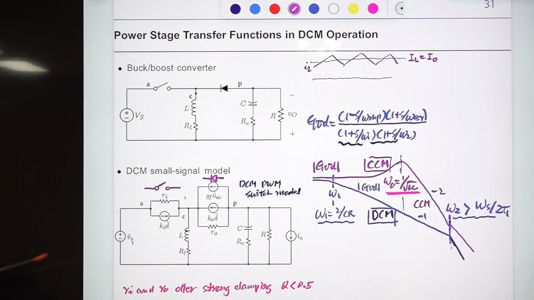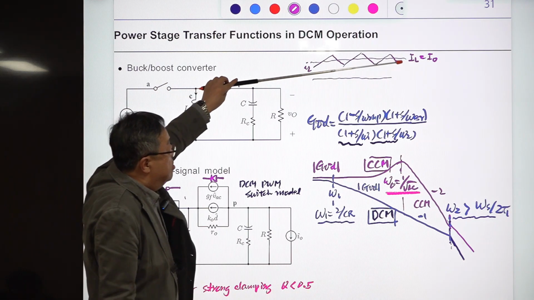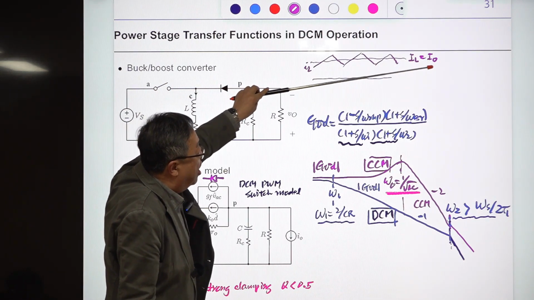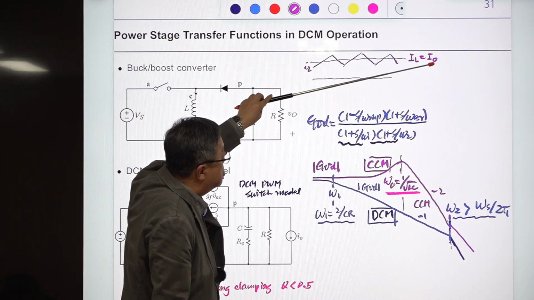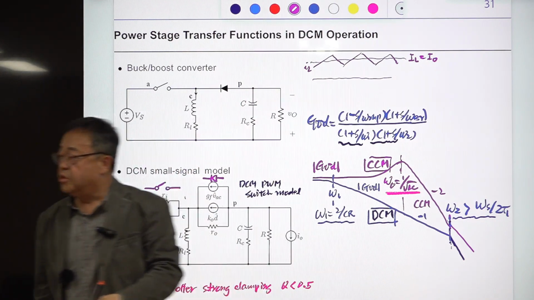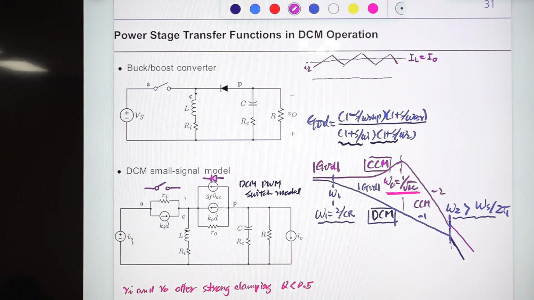So you reduce this, you increase R. If R is increased, then this one will be reduced. Then there is just some constant will emerge, which shows this kind of waveforms. Here you decrease further.